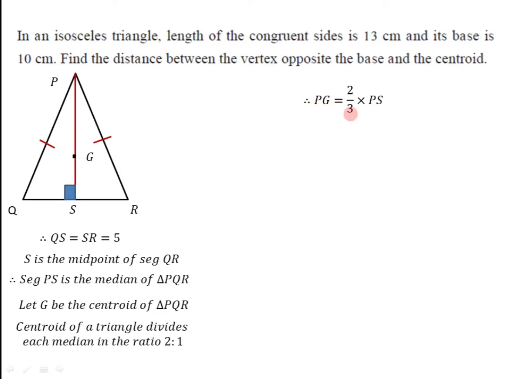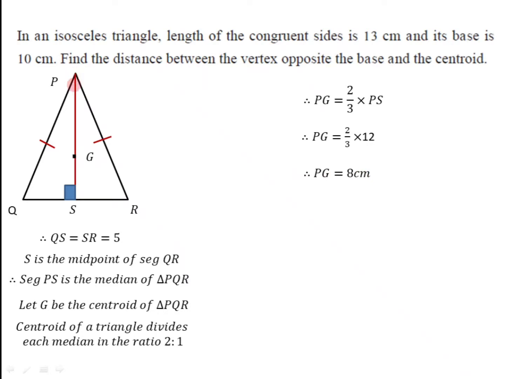So PG is equal to 2/3 into PS. Now we have found the length of segment PS earlier. That is the length of segment PS is 12. That's why we'll replace PS by 12 to get PG is equal to 2/3 into 12. Now if we divide 12 by 3, we get 4, 3 fours are 12. 4 into 2, that's 8. We'll get the length of segment PG as 8 centimeter.